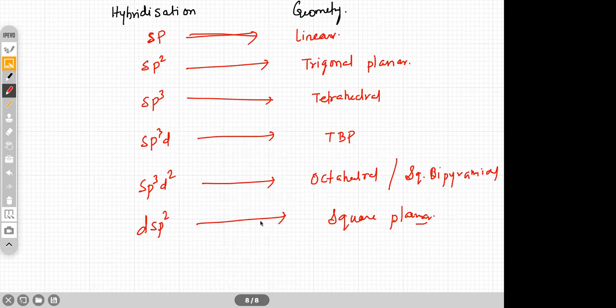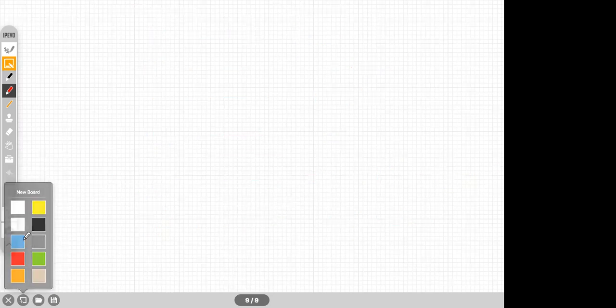So this is the geometry you must keep in mind according to the hybridization of the molecule. One last point you write down.